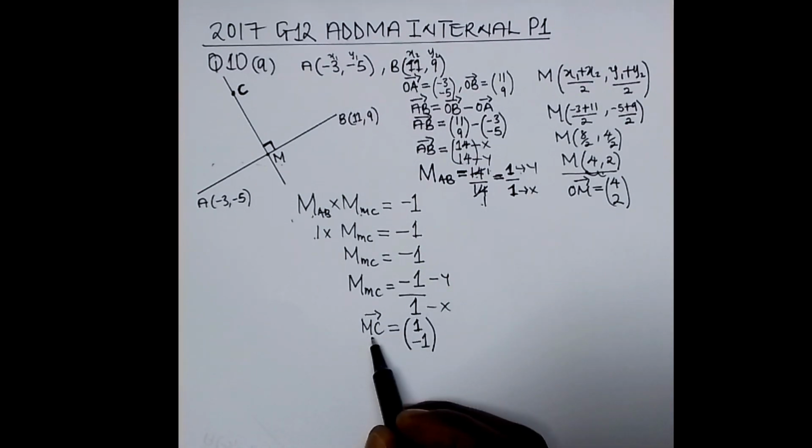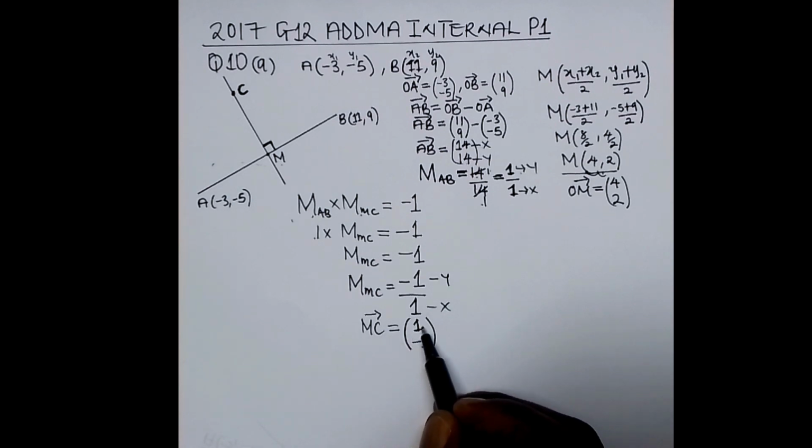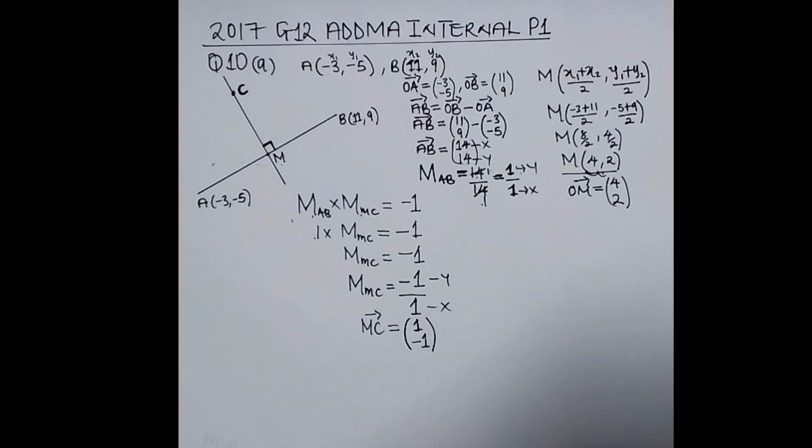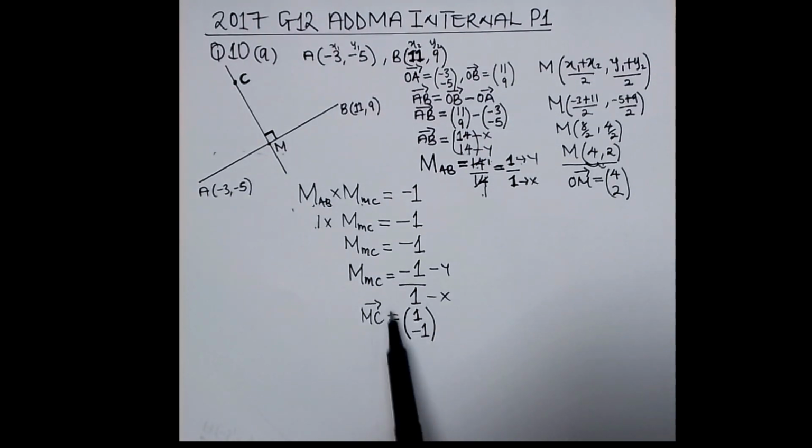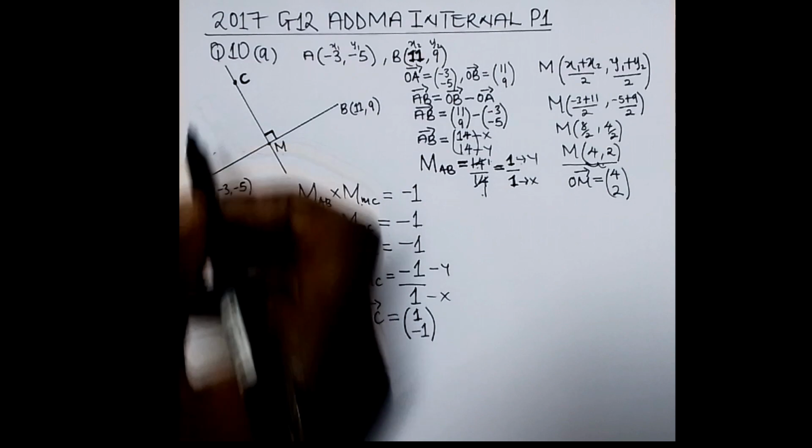So this is MC vector with the component x as positive and y as negative. So after getting MC vector equal to 1, -1, we now have to work out the last part of this question, which is coming up with the vector equation of this perpendicular bisector.